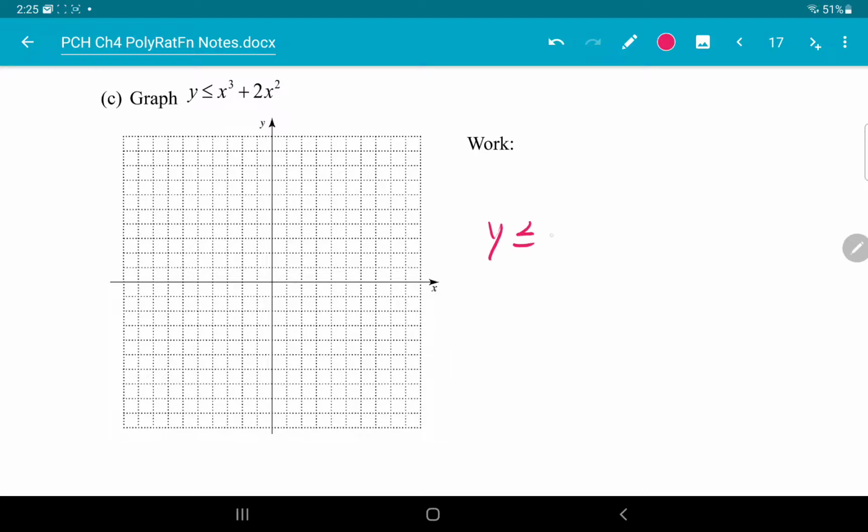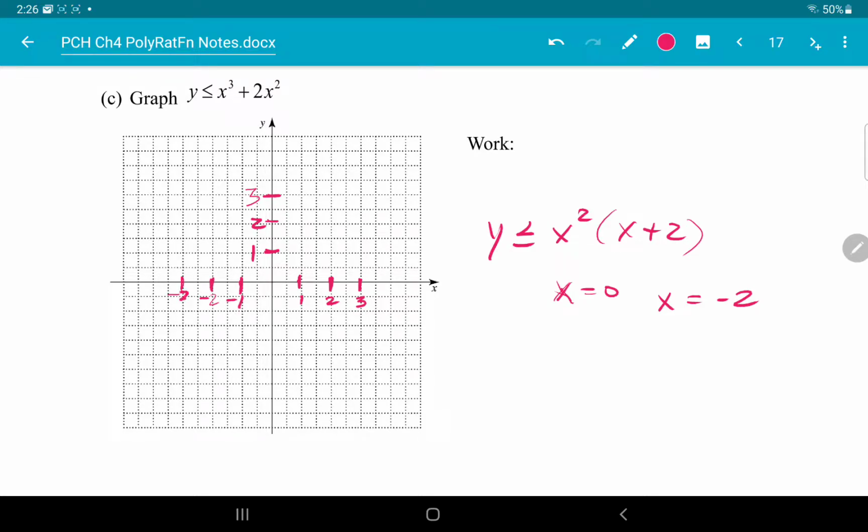We're going to go ahead and factor, so we get x squared times x plus 2, and therefore we can see zeros occur at 0 and also at negative 2. So graphing this, let's just graph this in terms of every 2 units is a length of 1. So 1, 2, 3, 1, 2, 3. Notice how we're having this on the coordinate plane, right? Because we have two variables.